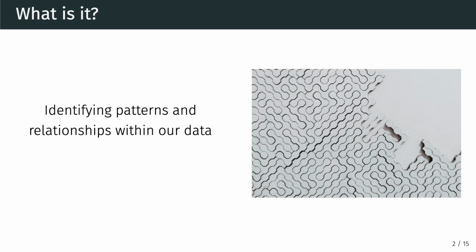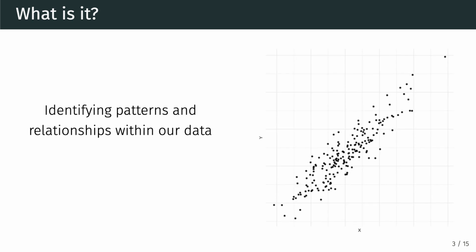And in a nutshell, it's all about identifying patterns and relationships within our data. Now, we spent time visualizing data, and we know that often when we're just looking at simple relationships, we can see distinctly patterns within our data, right?